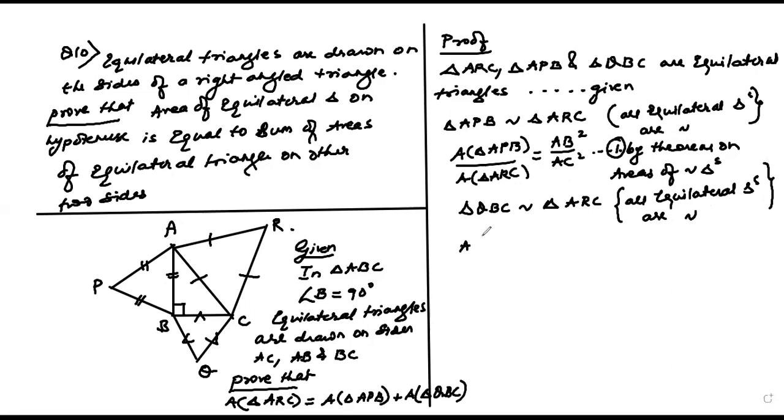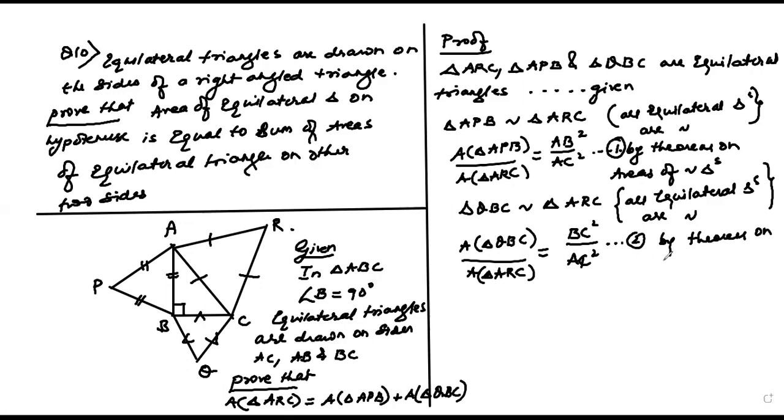Therefore, again, area of triangle QBC upon area of triangle ARC should be equal to the square of the corresponding sides, BC square upon AC square, again statement number 2, by theorem on areas of similar triangles.